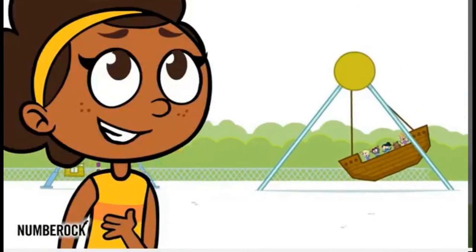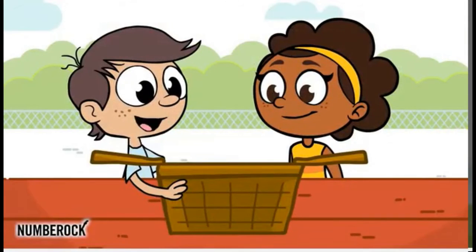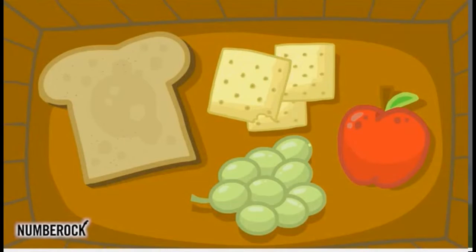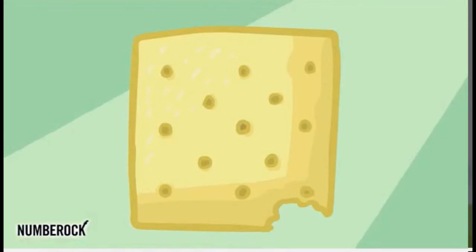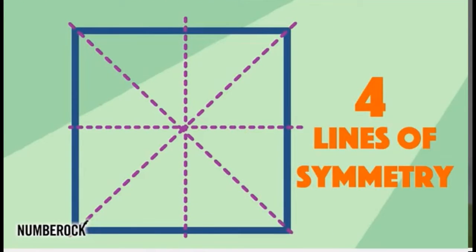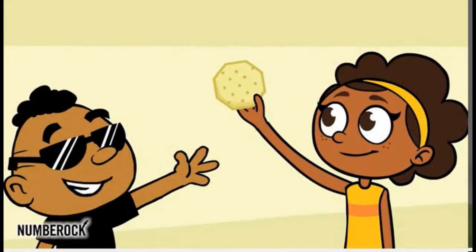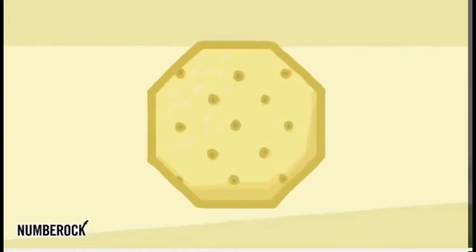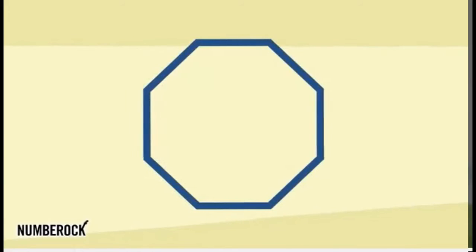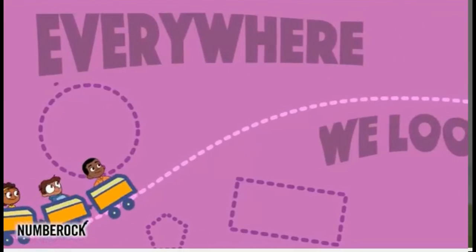Lines of symmetry. It's time for lunch and we've got a hunch that symmetry's in the food we'll munch. We look at a cracker, it's a square. We see 4 lines of symmetry there. To the 4 corners, they were gone, leaving us with a cracker octagon. We looked a bit closer then to see the regular octagon's 8 lines of symmetry.